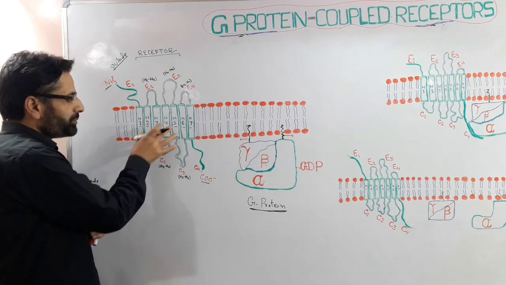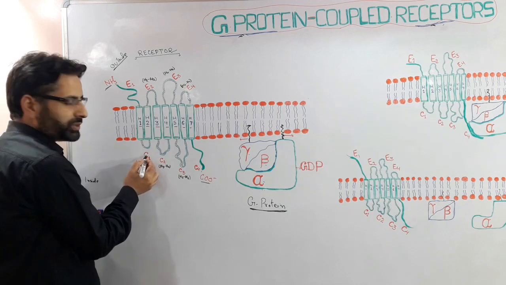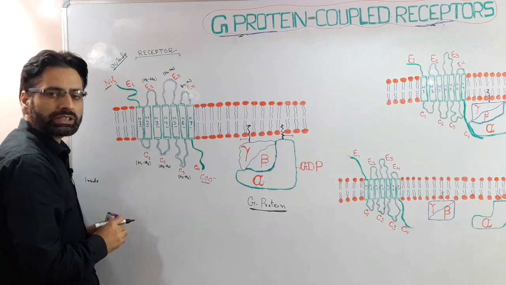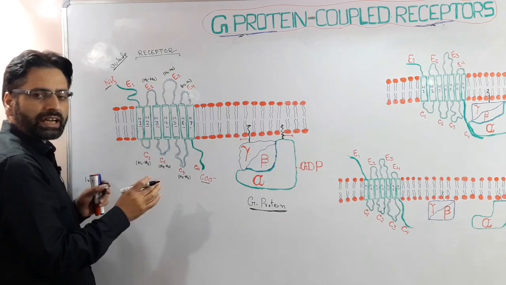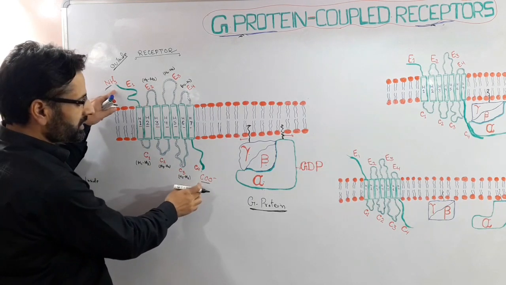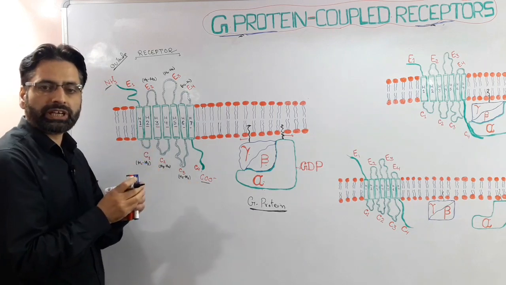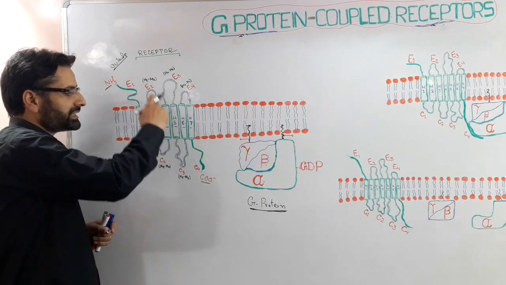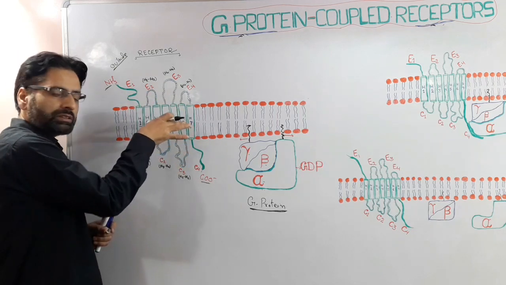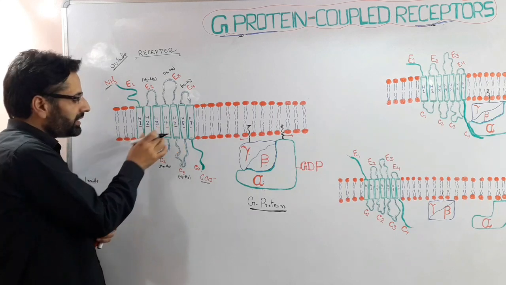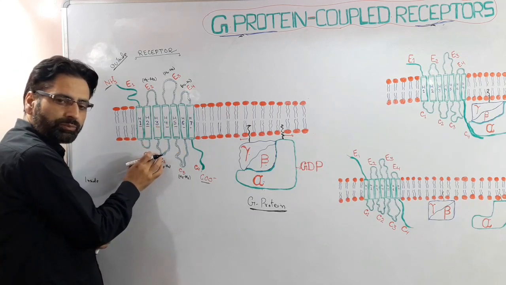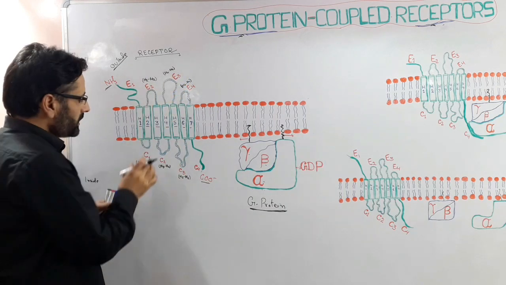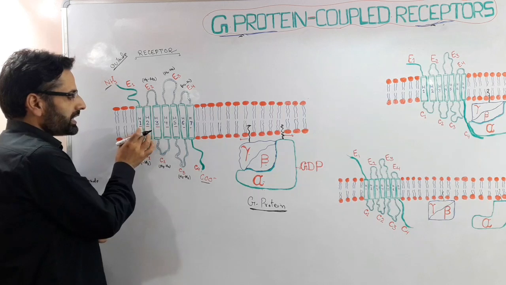In addition to these helices, we have loops on the cytoplasmic side as well as on the extracellular side. Remember one thing: right from the N terminal to the C terminal, this is a single polypeptide chain. You can say this single polypeptide chain is inserted 7 times into the plasma membrane, and we have these loops present on the cytoplasmic side as well as on the extracellular side. These loops are connecting these alpha helices.